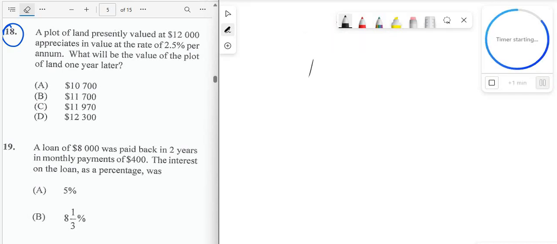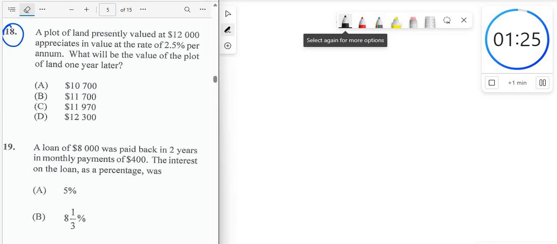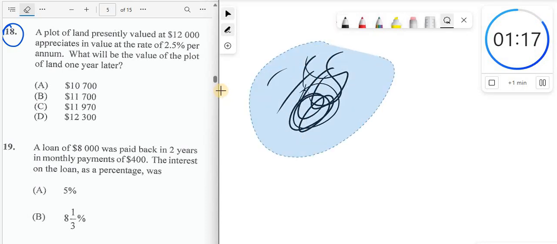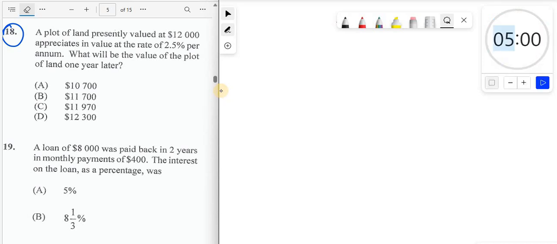Question 18. Well, we're told that a plot of land presently valued at 12,000 appreciates in value at a rate of 2.5% per annum.